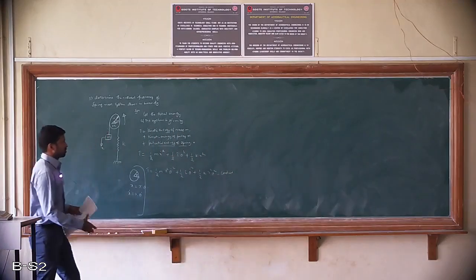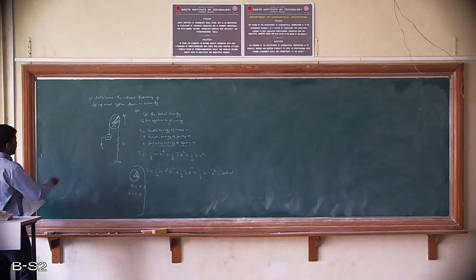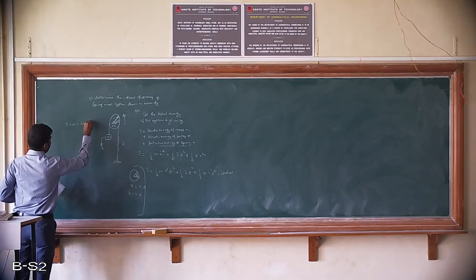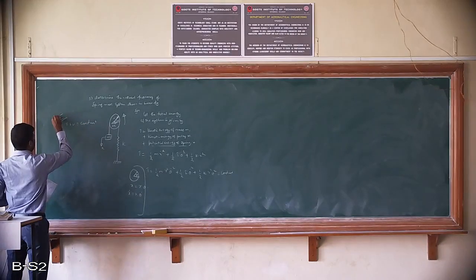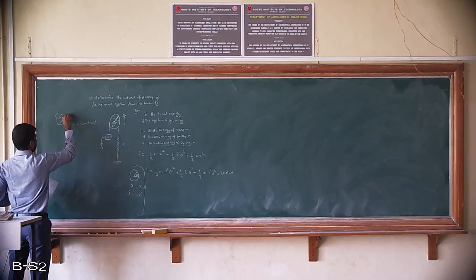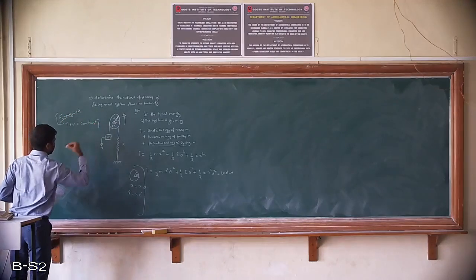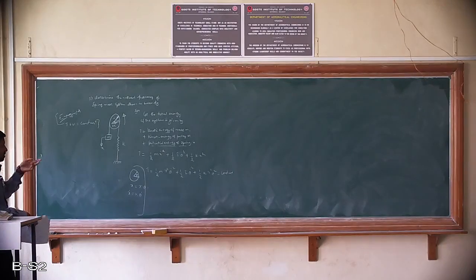Because in the energy method, we have seen that T plus V is equal to constant. In the previous classes we have discussed this. Once again, you can go through the notes and the videos, so you will get why we have taken it as a constant.